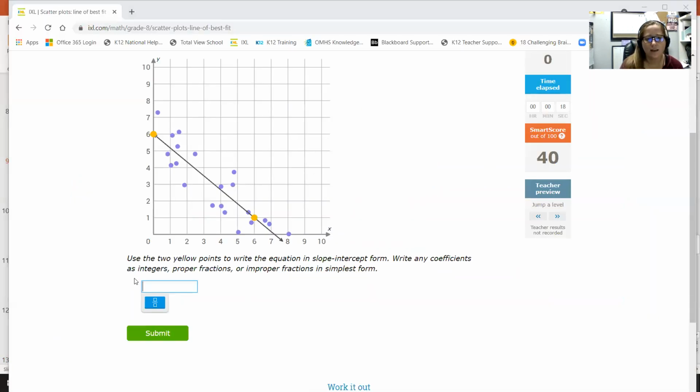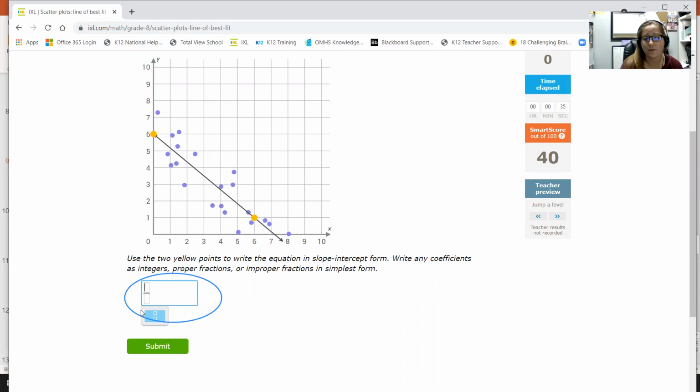So this is where, of course, you would put in your answer to the question, but then you see this blue box that has a fraction in it. If we click this fraction, it's going to set this up for us.